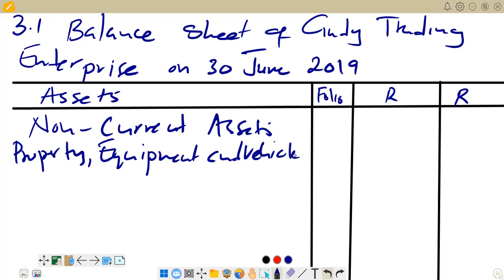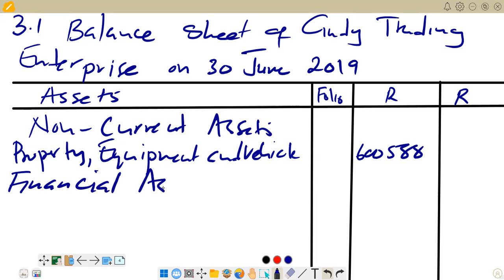So on the first note there, the figure that we got there for property, plant, and equipment was 600,588. So we are putting it here, 600,588. And then if you go to the question, I would see that we also have financial assets. That is our fixed deposits.